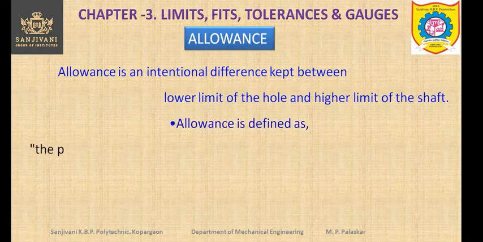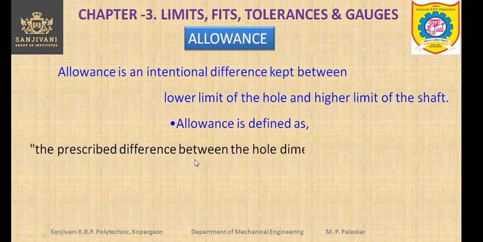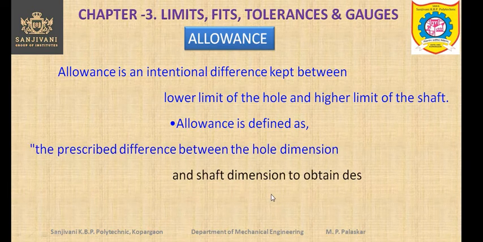So allowance is defined as the prescribed difference between the hole dimension and shaft dimension to obtain the desired type of fit. In order to obtain the desired type of fit, we keep the difference between the hole dimension and the shaft dimension exactly according to the prescription. Then only we can obtain the desired type of fit.